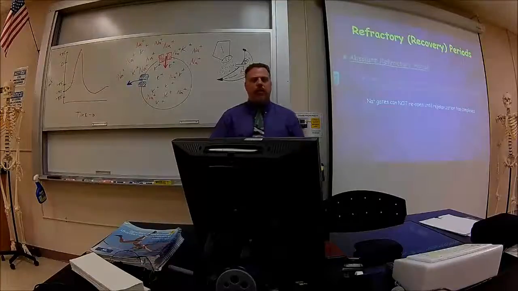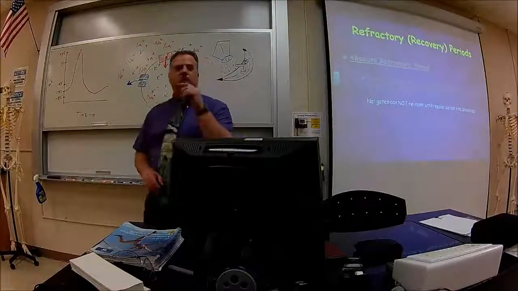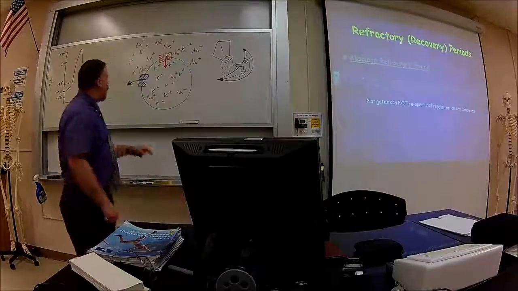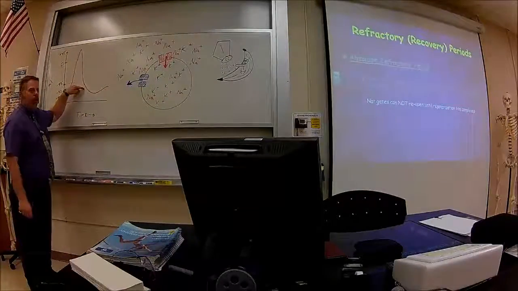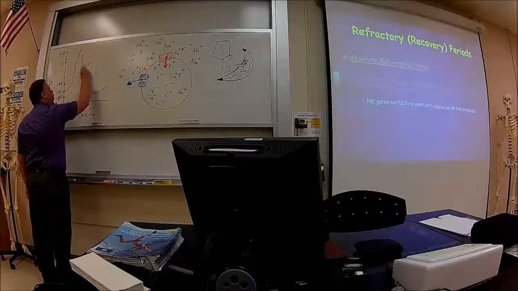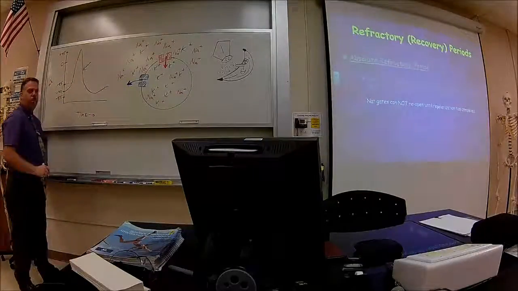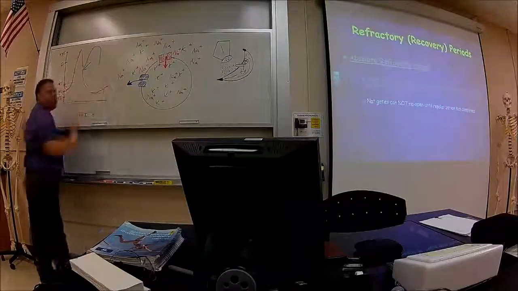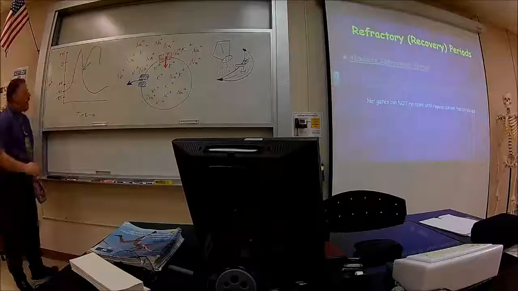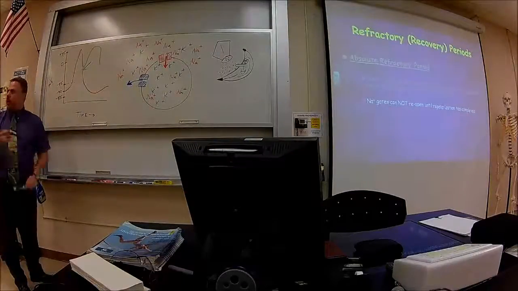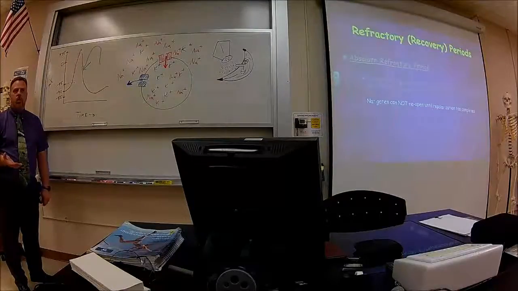All right, sodium gates cannot reopen until the cell repolarizes. It has to go back down to here. Meaning that if I do a stimulation that occurs over here, I'm not going to have an action potential that happens again and goes up like this. Not going to happen. It has to reach negative 70 again before you can get another action potential.